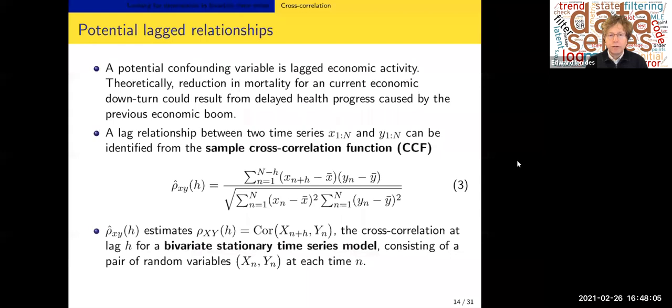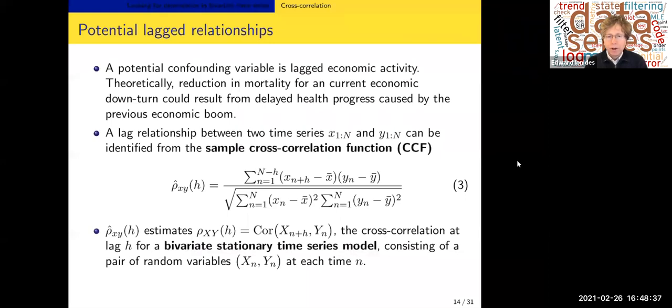A starting point for that is the sample cross-correlation function, the sample CCF. And for two time series x_n and y_n, the sample cross-correlation function rho hat xy of h is the correlation between x and y lagged by h, divided by the square root of the variances.